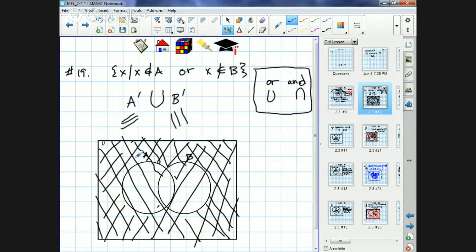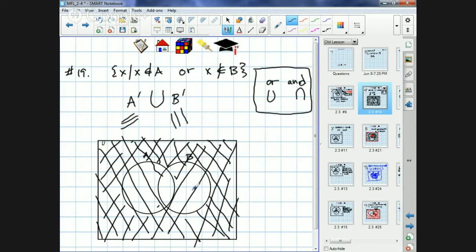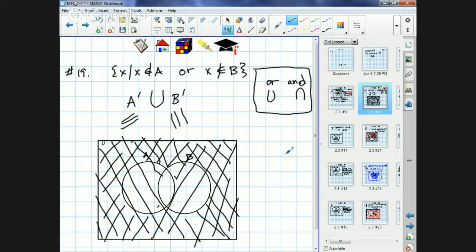But it's not just the crisscrossing. It's even in areas like right here where my cursor is, where there's striping only going one way. So it's all the striping. The only thing that's not included is that center part, which is the intersection of A and B. Yes, that's correct.